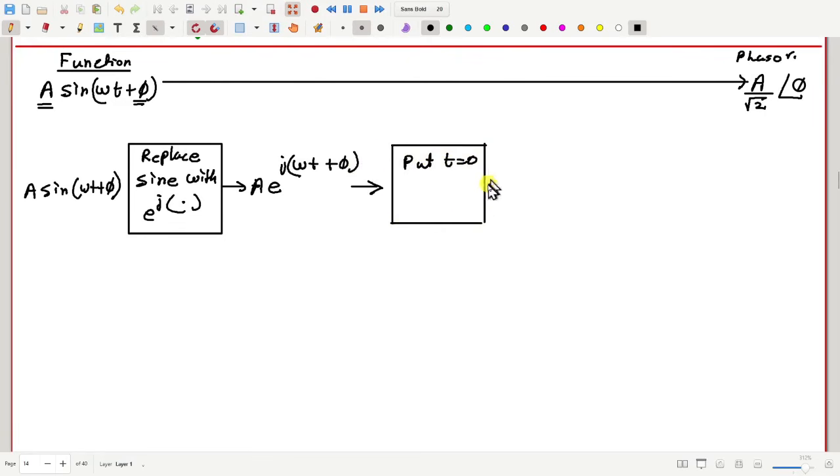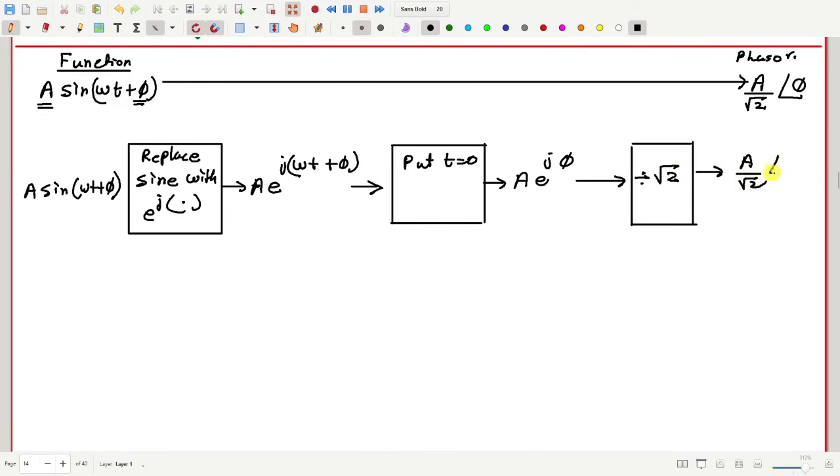If we put t equal to 0, we get A e to the power j phi. And then finally divide by root 2. So we will get the final phasor.